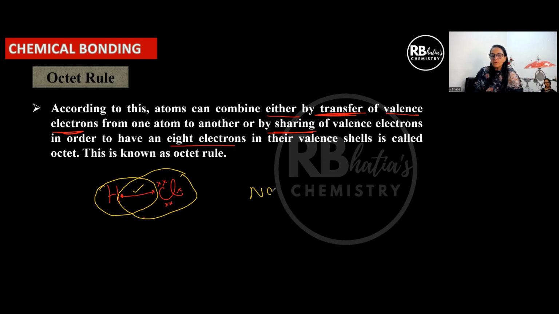Or if I was talking about something like sodium chloride, chlorine having 7 electrons and sodium having 1 electron in the outermost shell. The configuration of sodium is 2, 8, 1, and that of chlorine is 2, 8, 7. So what happens? Sodium is going to give its electron to chlorine.